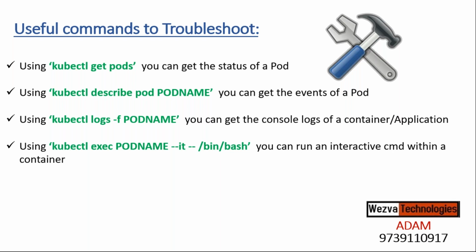So that's when you would use the kubectl exec command, wherein by default, we know that every pod will have one container. So automatically, when you say kubectl exec and the pod name, you will go into the default container, or what we call the main container of your pod. Okay, so using this fourth command, you will be able to go interactively inside a container and do the debugging.